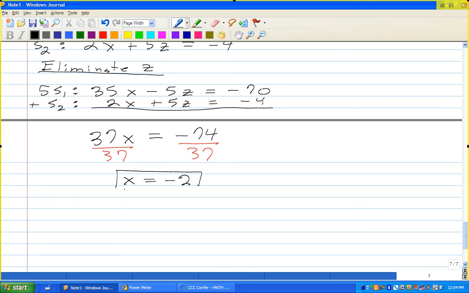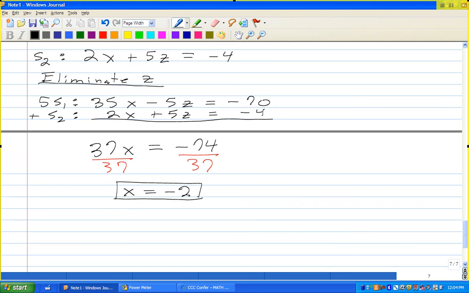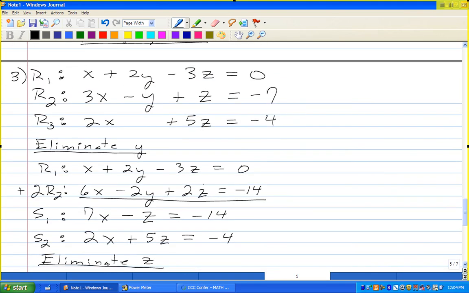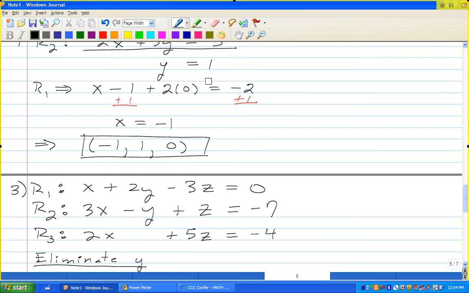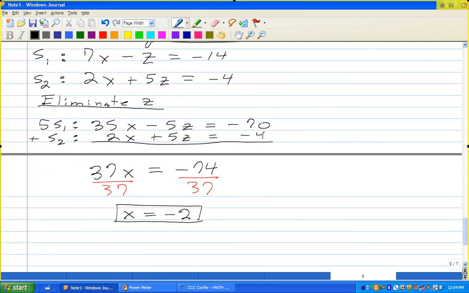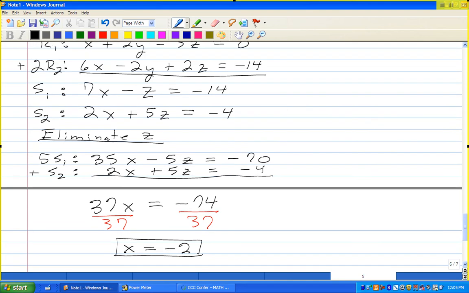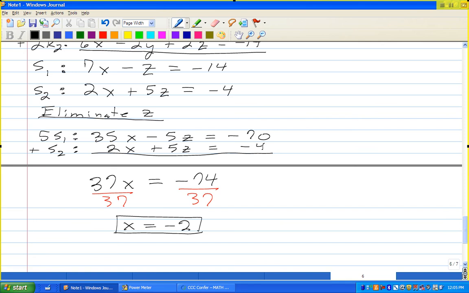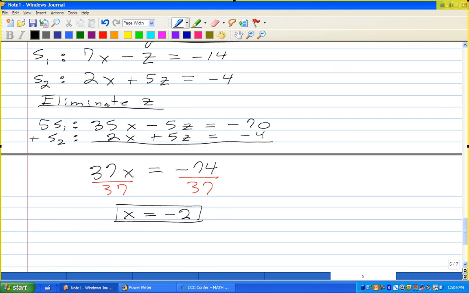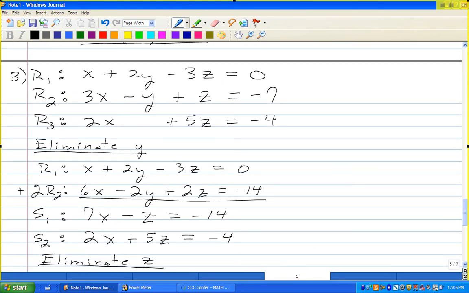And rather than writing it as an ordered pair, as I did above, I'll just box each of these answers and assume that you can figure out the ordered pair from there. Okay, so I've determined what x is. Now I can use that to determine z. Maybe I'll use S1. Please note that you can plug back, or I could have used R3.